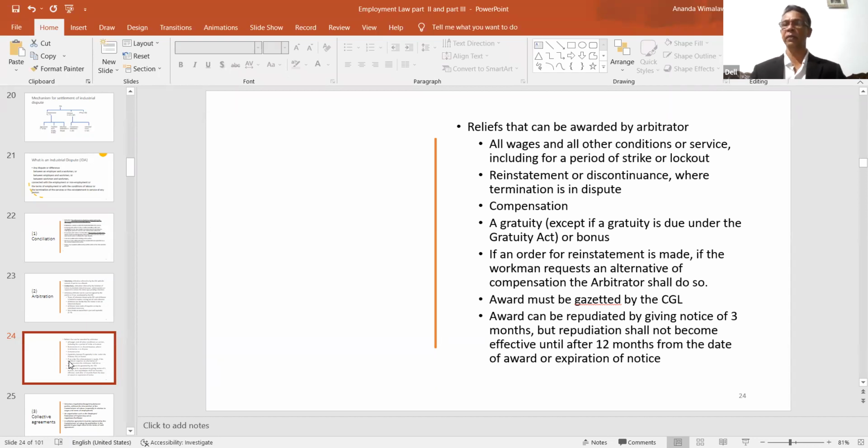What are the reliefs that an arbitrator can award if a matter is referred for arbitration?